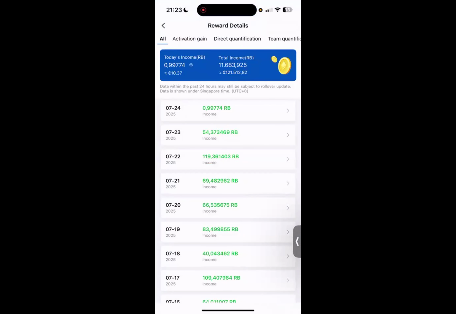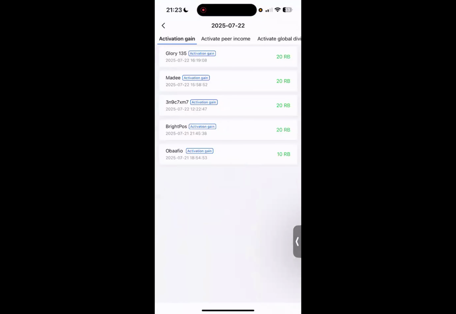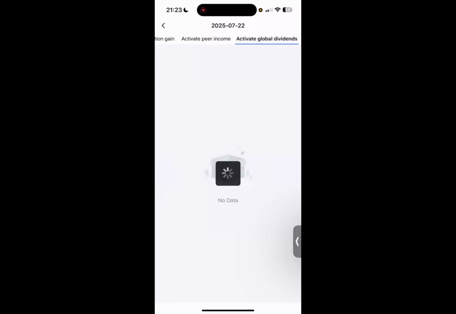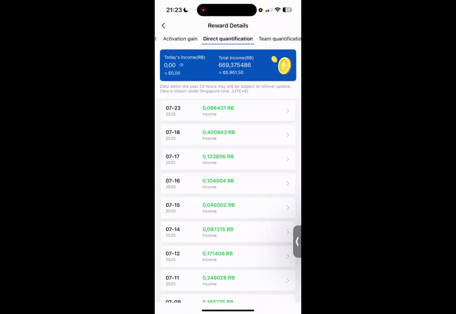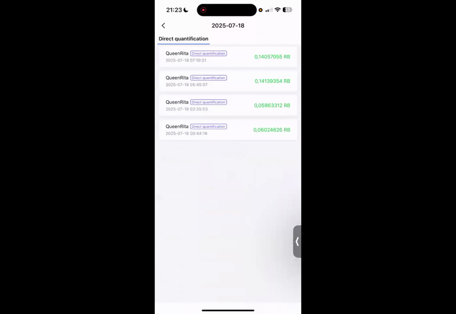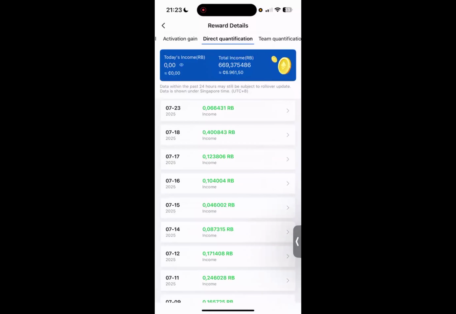In reward details, we have the activation gain that is broken into three parts: activation gain, activate peer income, and activate global dividends. Then we have direct quantification. So those that are directly under you that are trading, anytime they are trading and making profit, you are also earning something.